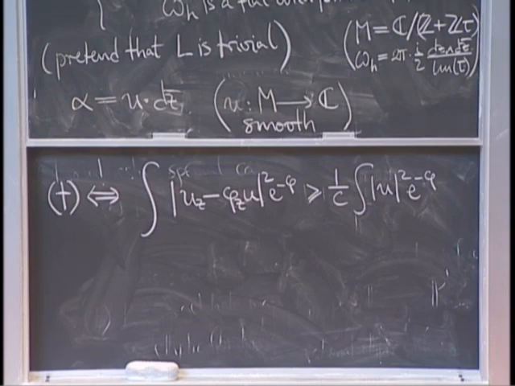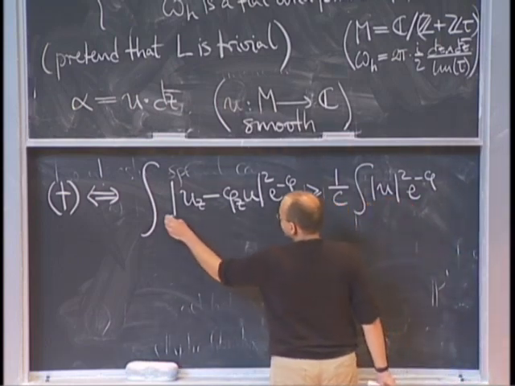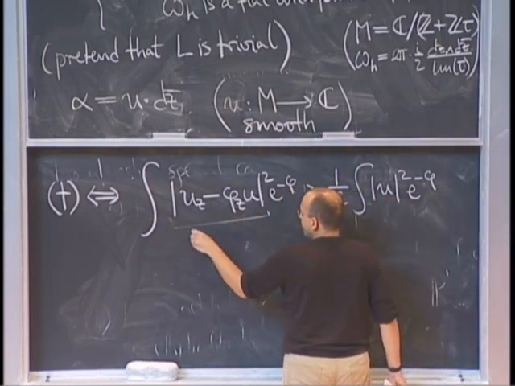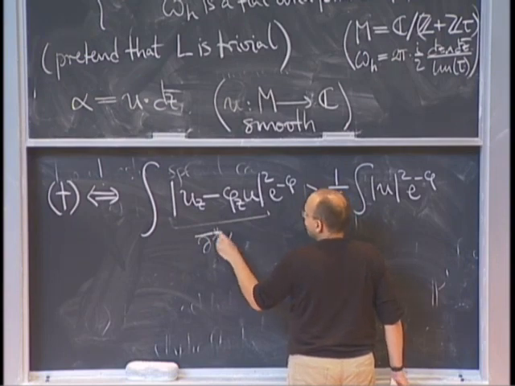So that's the inequality I need to prove for all smooth functions u on my surface. This guy here is just the norm squared of d bar star alpha.